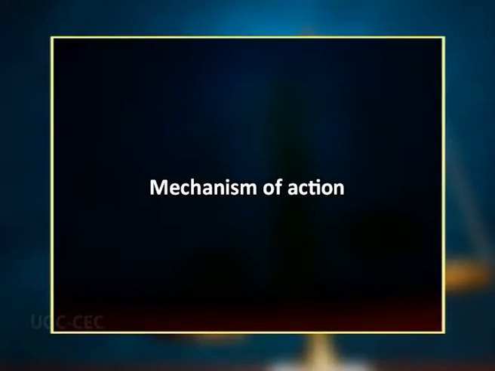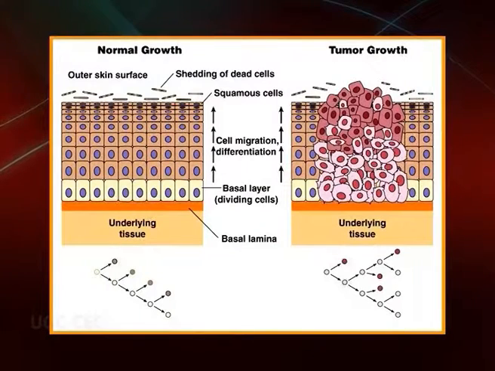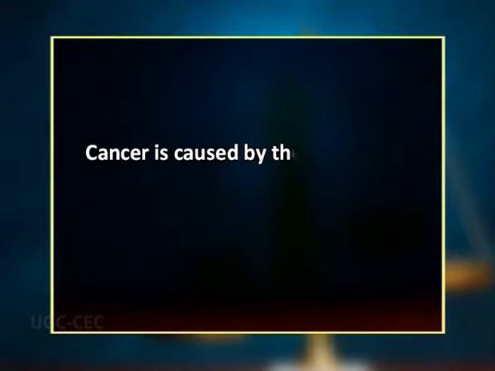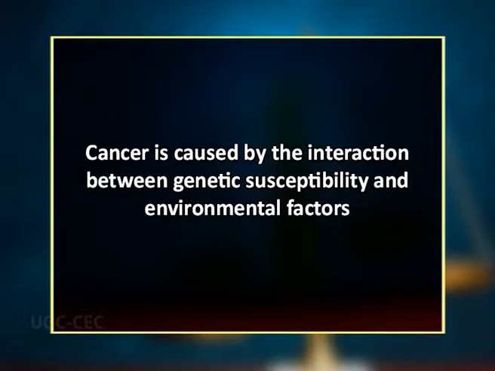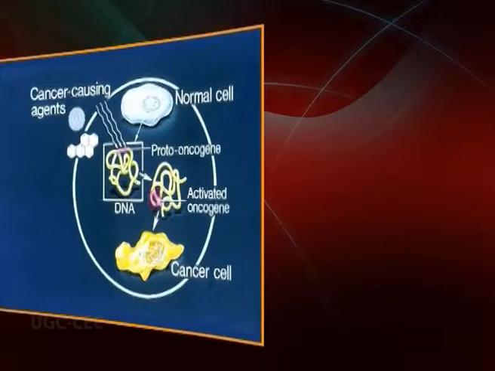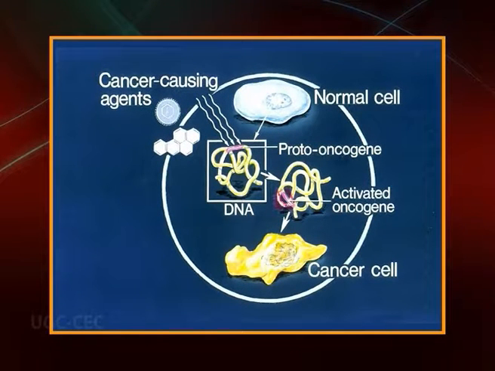Its mechanism of action. Cancer is the uncontrolled growth of cells coupled with malignant behavior, invasion and metastasis. It is caused by the interaction between genetic susceptibility and environmental factors. These factors lead to accumulation of genetic mutations in oncogenes and tumor suppressor genes that help to prevent cancer, which gives cancer cells their malignant characteristics such as uncontrolled growth.